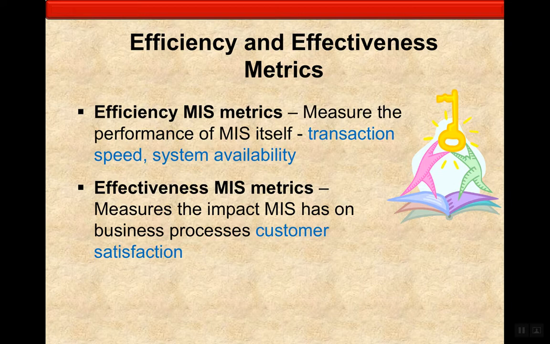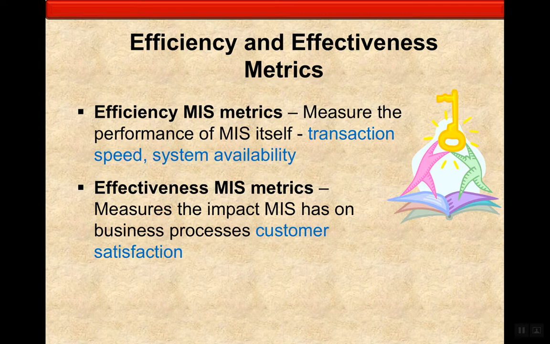Efficiency would be translated into things like transaction speed, system availability, execution of schedules, things of that nature. Things that can be measured of how well things are going.